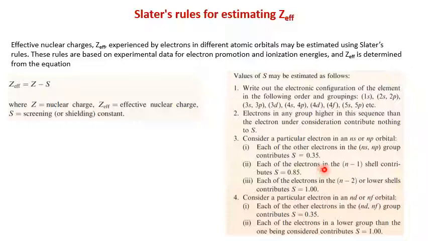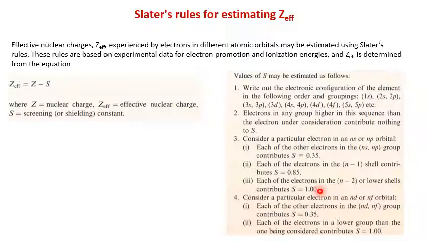Each electron in the n minus 1 shell, meaning here n is 4, so n minus 1 means 3, like 3s 3p 3d, contributes 0.85. Each electron in the n minus 2 level, so if n is equal to 4, n minus 2 means 2, and lower levels like 2s 2p and 1s, contributes 1.